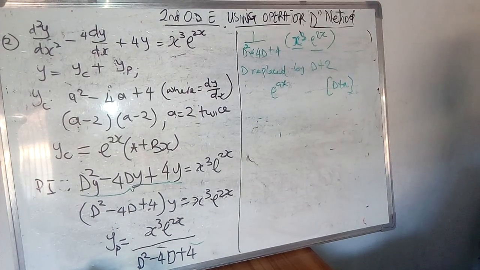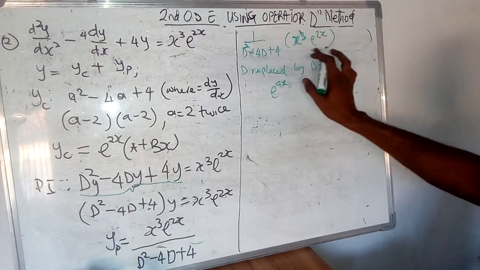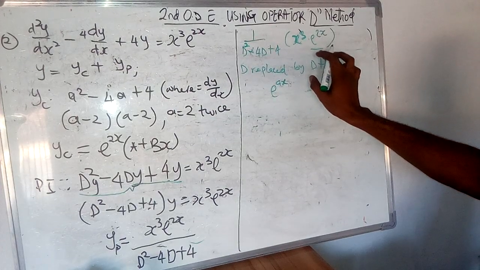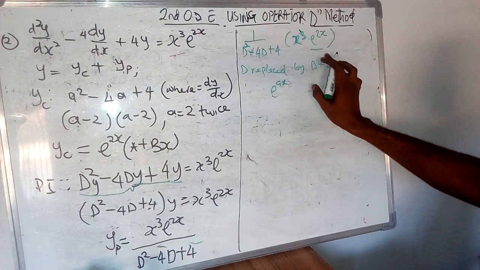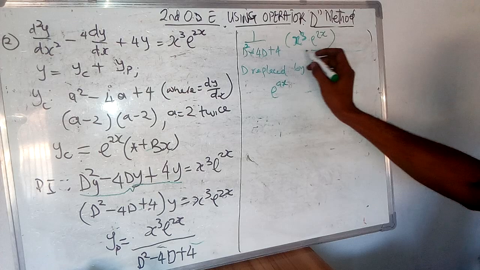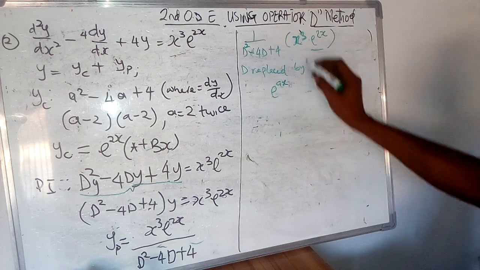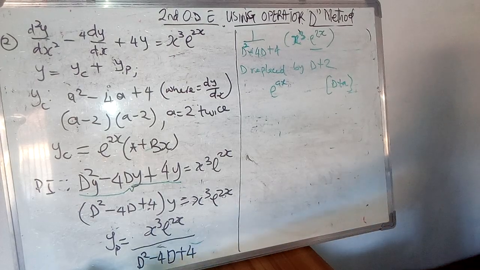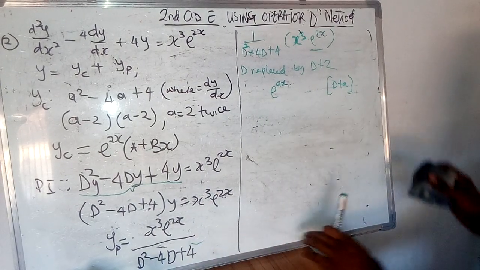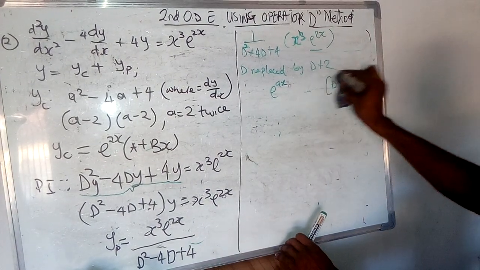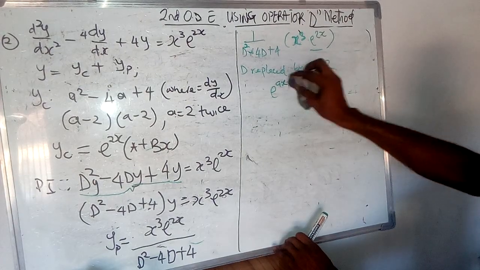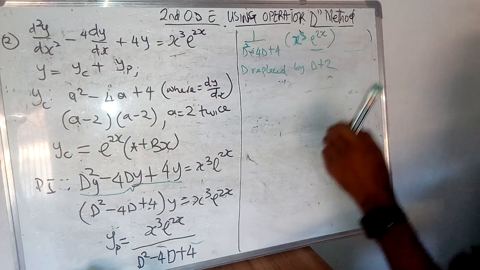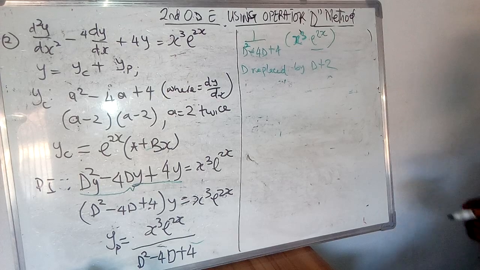What we do is we first operate on the exponential function, then we go on to operate on the polynomial function. So let's do that.